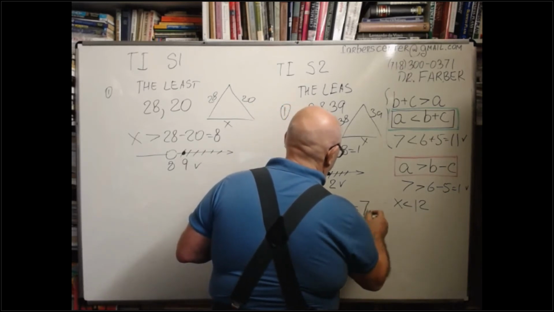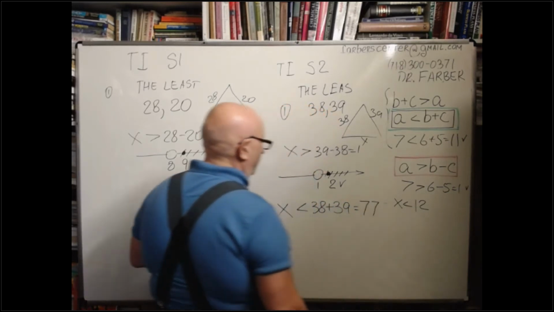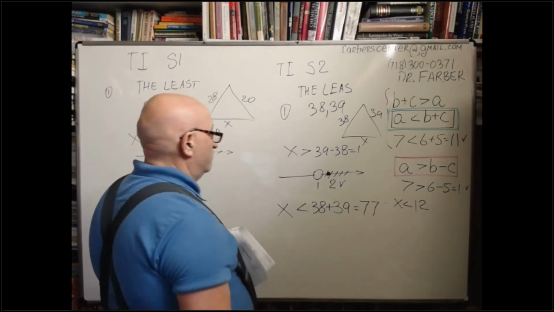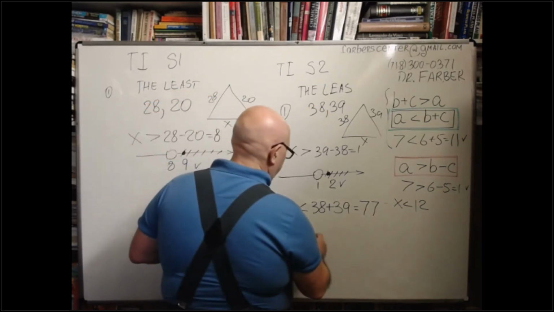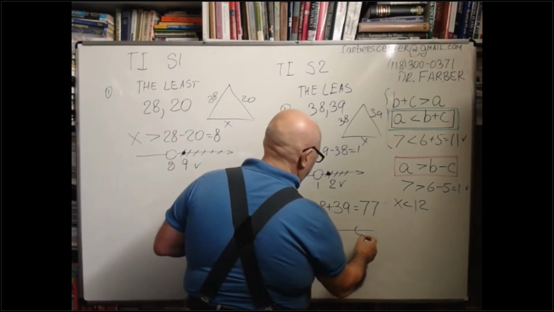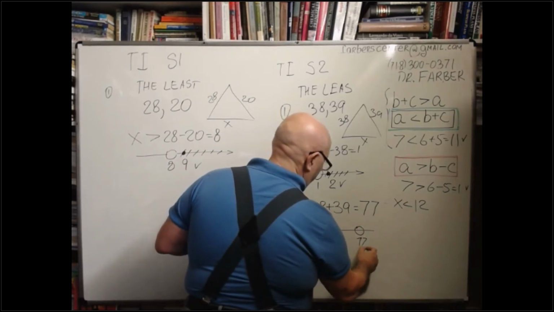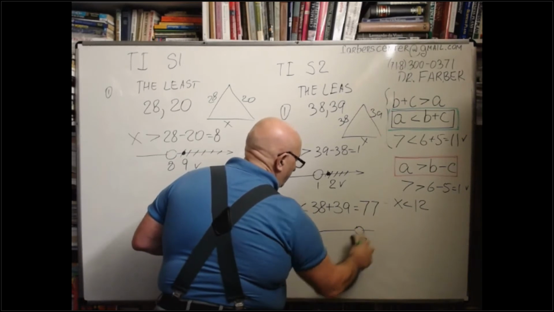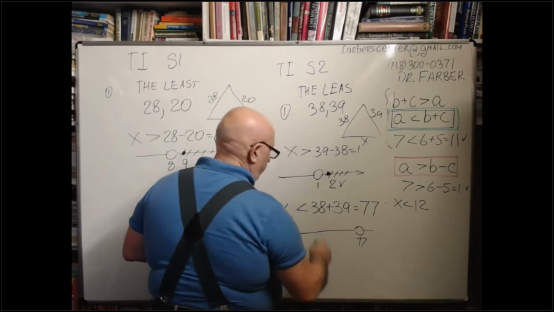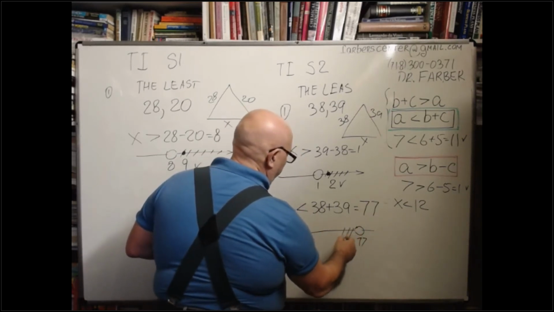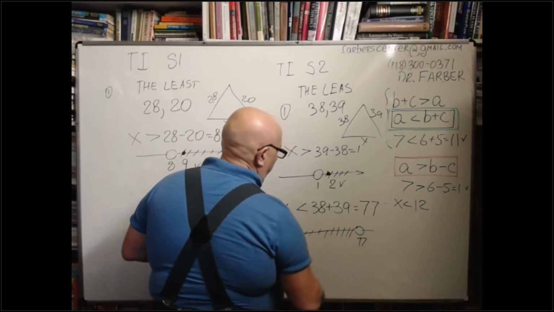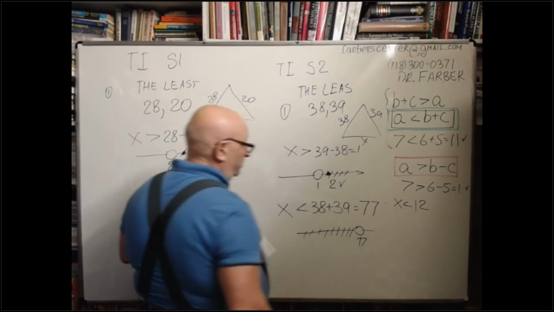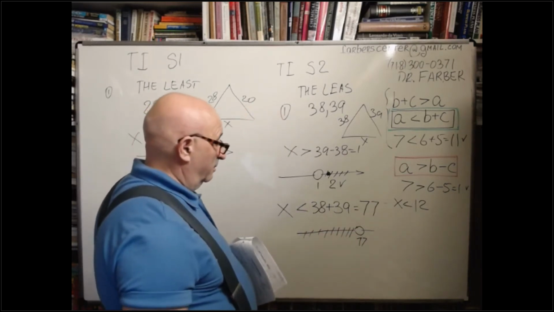Yes or no? Yes. Okay, now make 77 a hole. Since it's less, go to the left part. And your answer is I got 76.